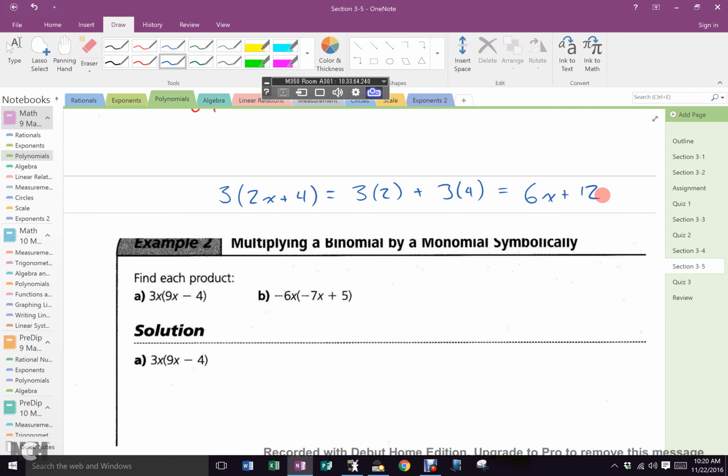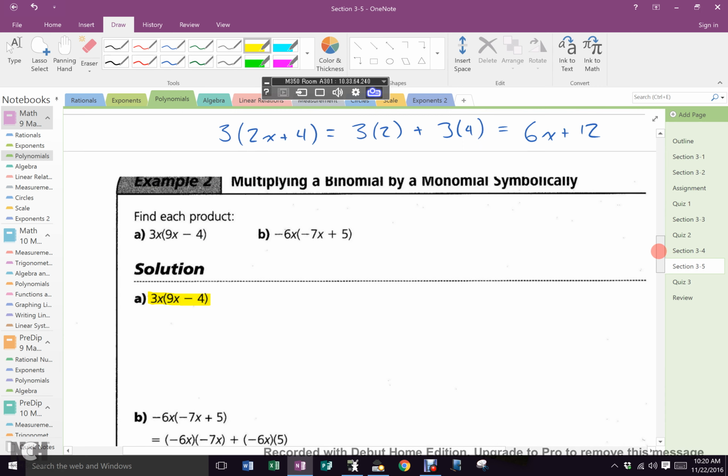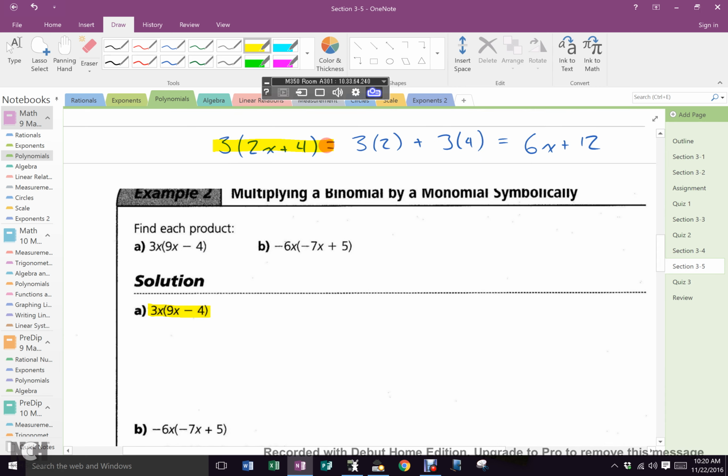Okay. So, look at this one. Does this look very similar to that? Yes. So is it mostly going to be the same thing? Yes. So we knew that this 3 went to this 2x, right? So we know this 3 is going to go to that 9, don't we? So we know this is going to equal 3 times 9, right?